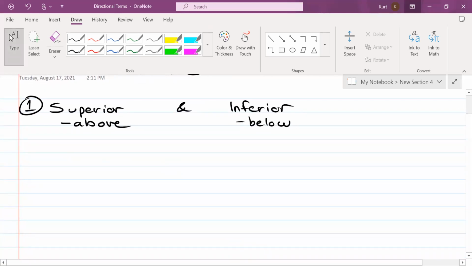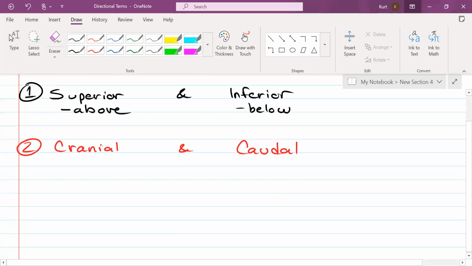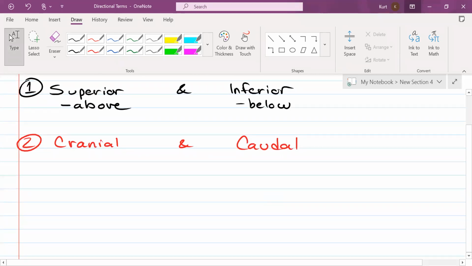Now, 2 terms that are nearly identical to these are cranial and caudal. Cranial means towards the head.